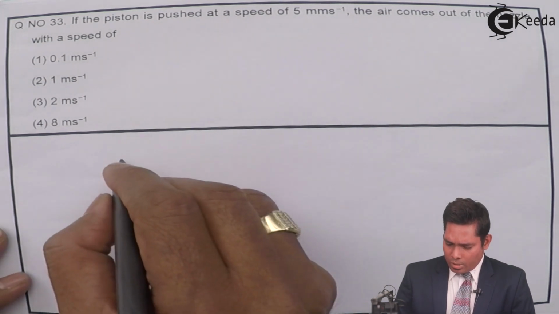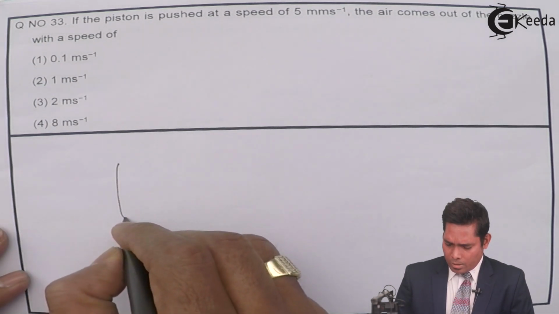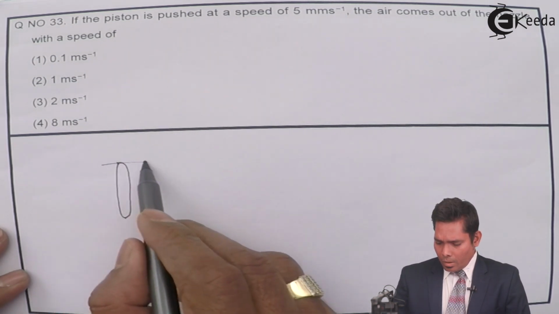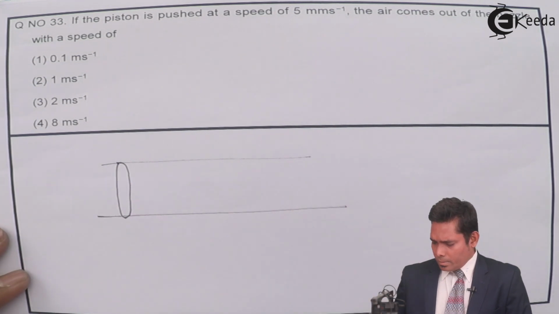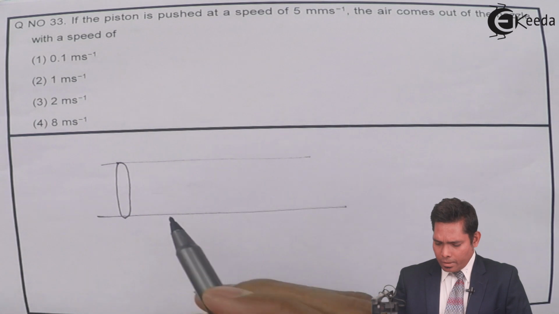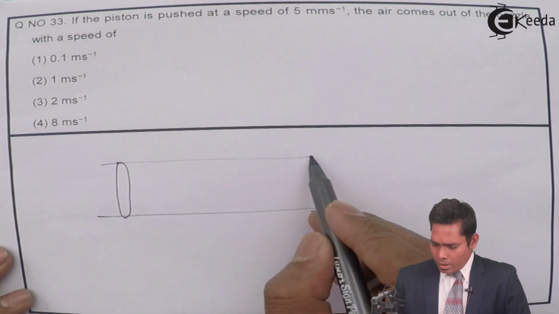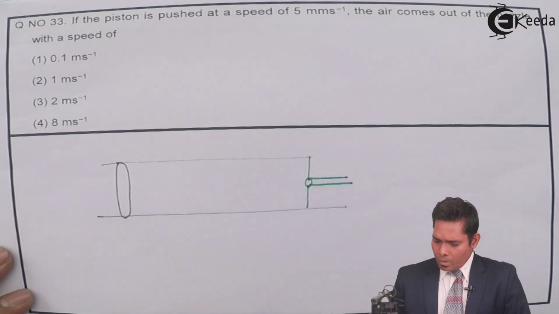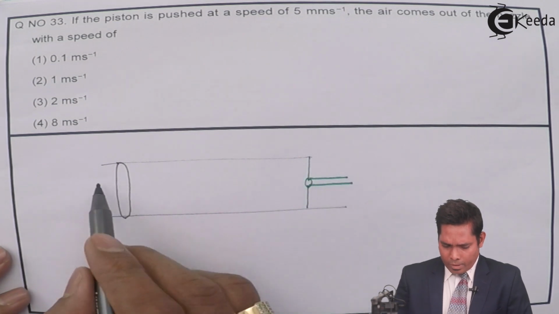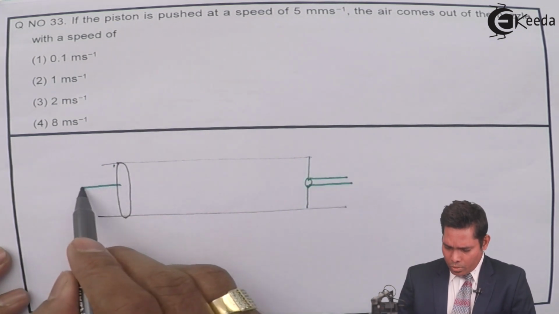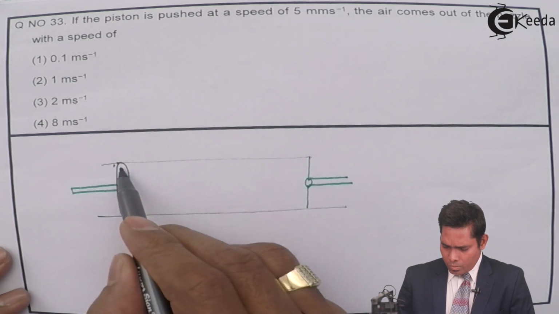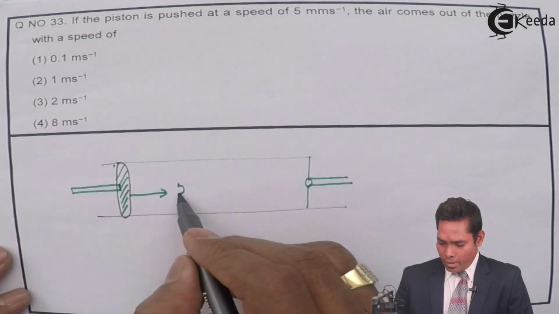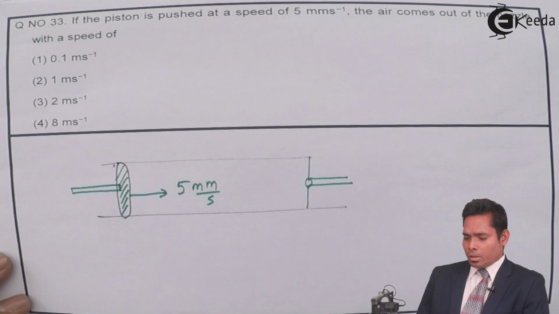So in this situation, this is the piston, and there is a nozzle over here. When this is pushed with 5 mm per second, this is the speed.